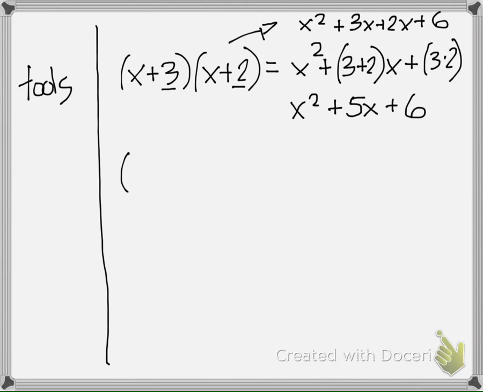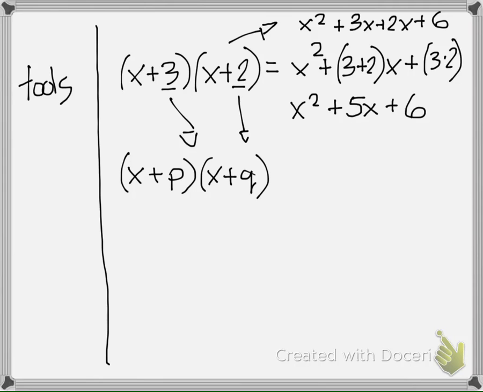These constants, the 3 and the 2, we can actually use variables to represent them when we're trying to factor a trinomial.